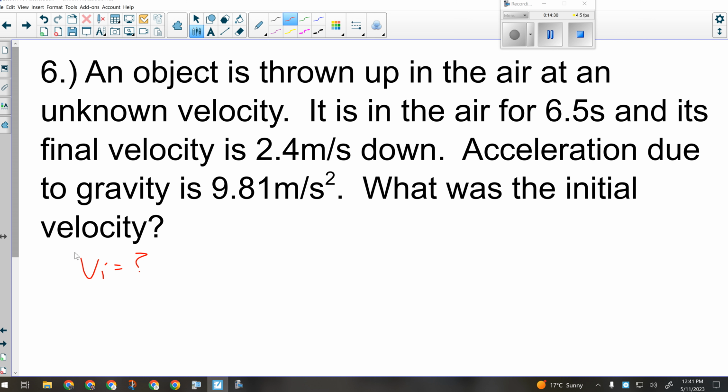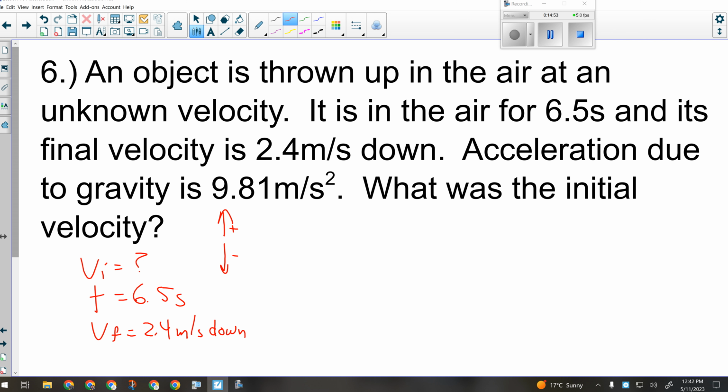It's in the air for 6.5 seconds. What did they tell me? Its final velocity is 2.4 meters per second down. So 2.4 meters per second down, and now I'm going to do this. Positive, negative.